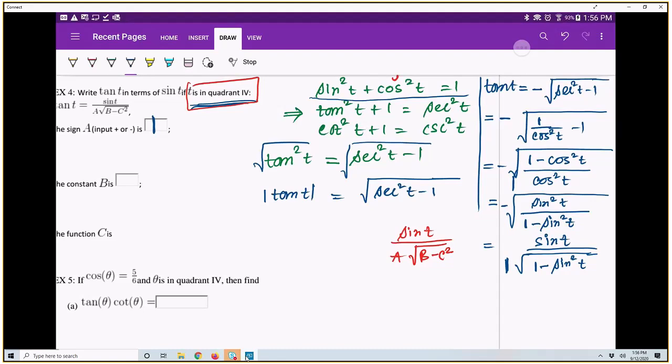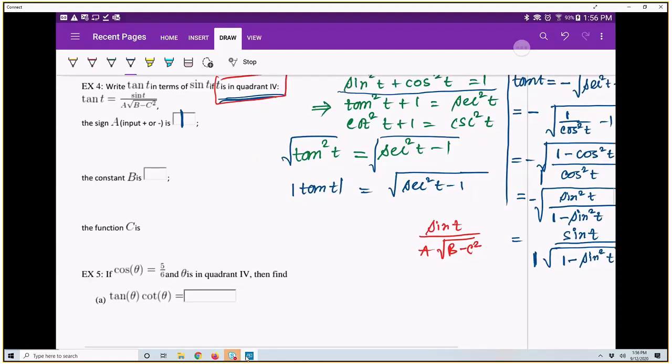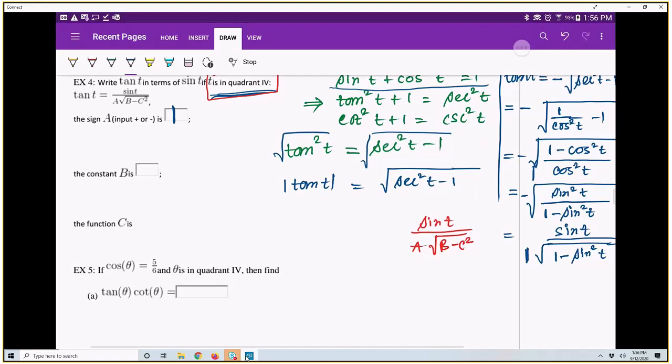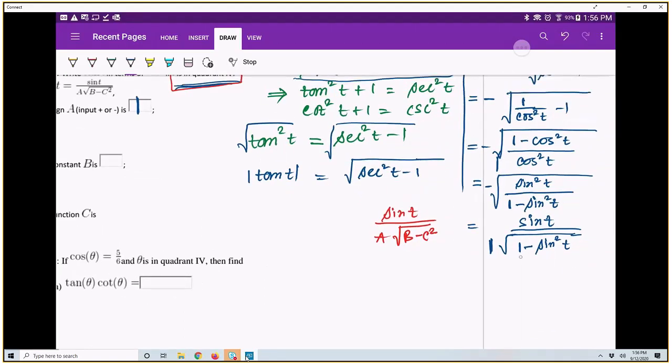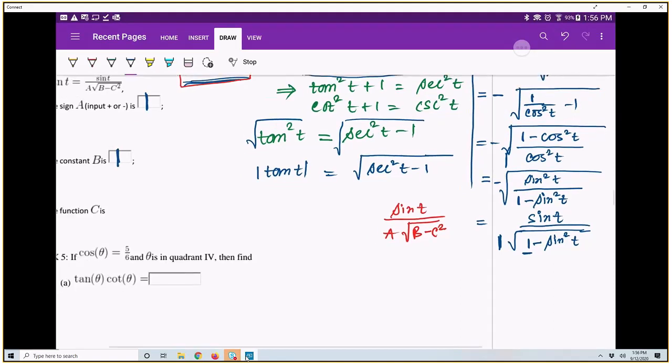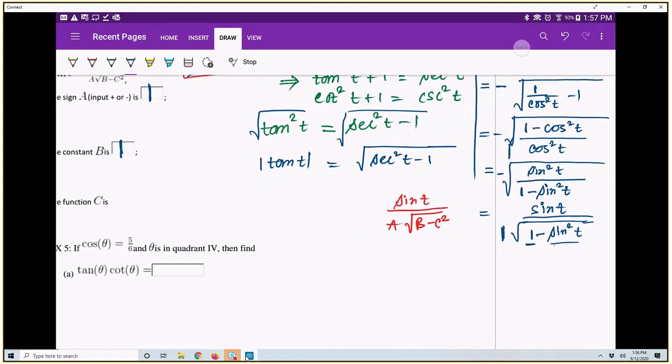So this is just a positive 1. The constant b is, well, it's 1 again. This is the role of the b. So b is 1. And the function c is the square of sine. So this is the square of sine, and I wanted c squared. So c is just the function sine t. And that has answered your question.